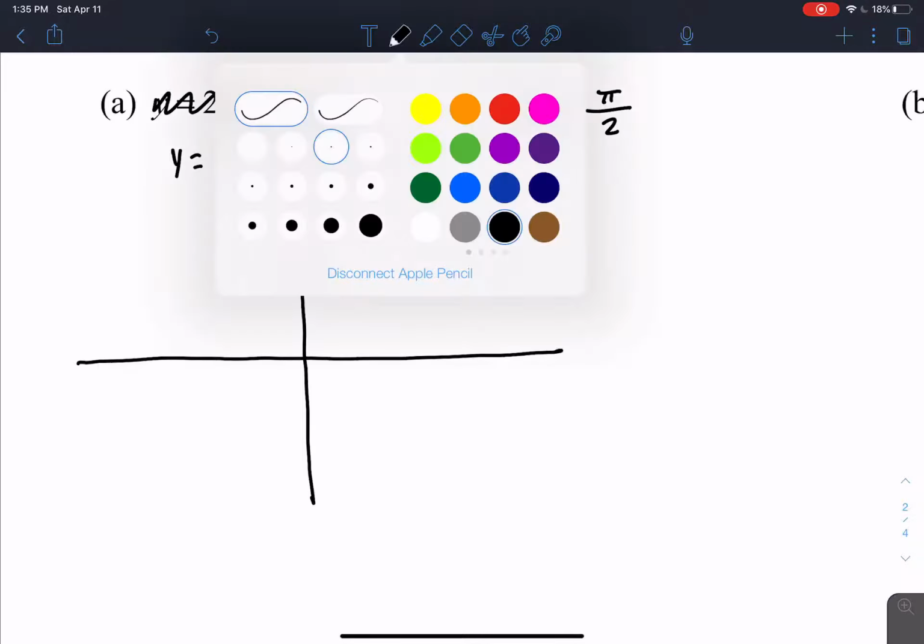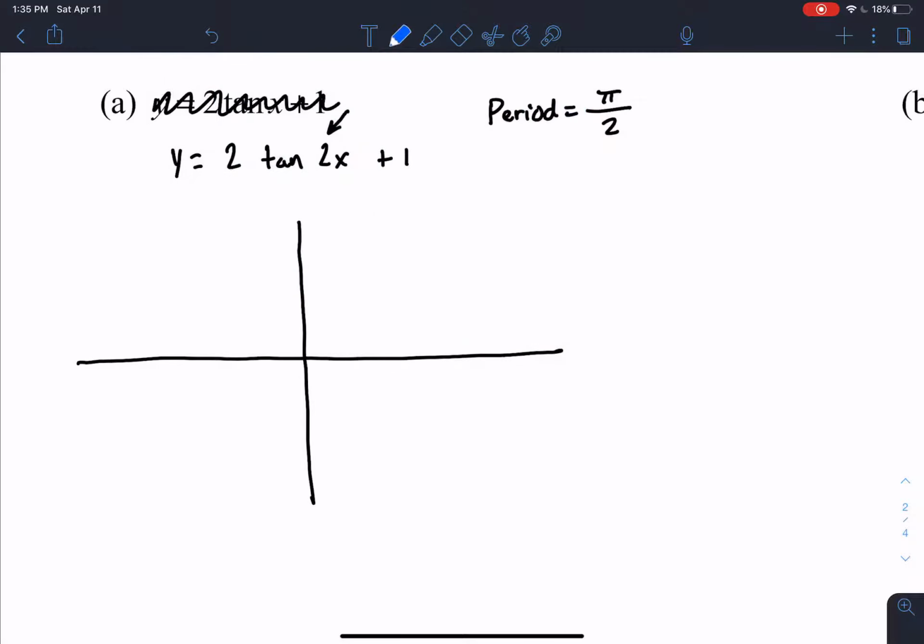Okay, so normally my point starts at 0, 0, okay? But now I'm moving that up 1, okay? So I have a point here at 0, 1, okay? Now my next point is going to be 1 period away, so that's pi over 2. So pi over 2 and 1, all right?